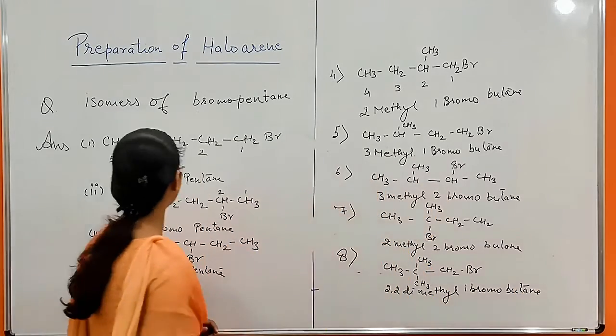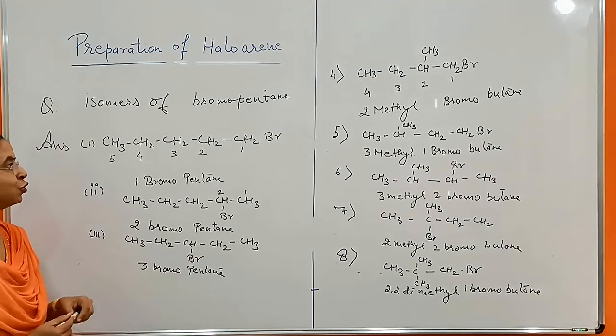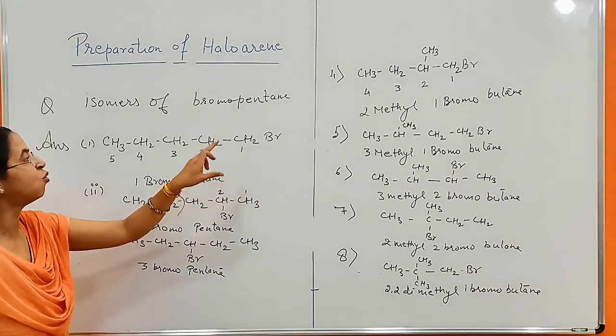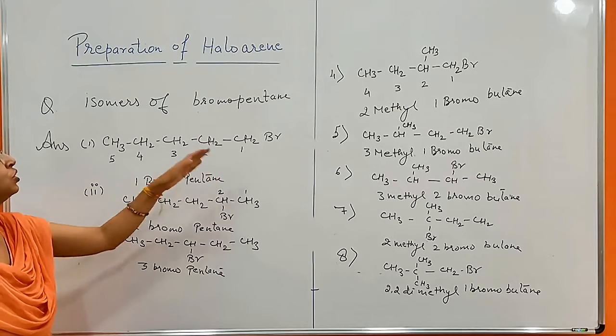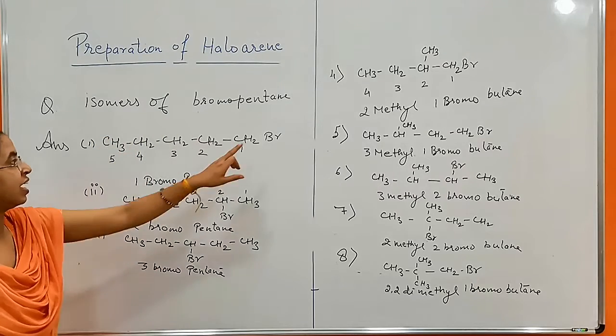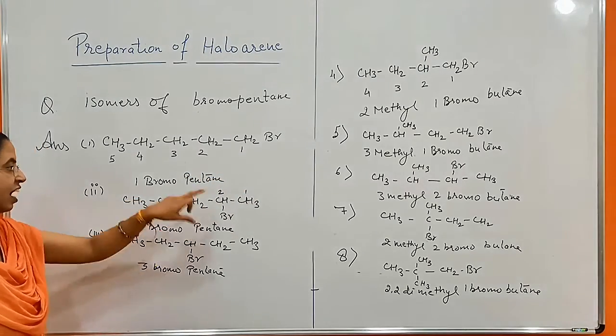Okay. So let me explain how we are going to write these isomers. You have to move this bromine atom one by one to the different carbon atom till they get a different name. Here it is at the first carbon. Now here it is at the second carbon.